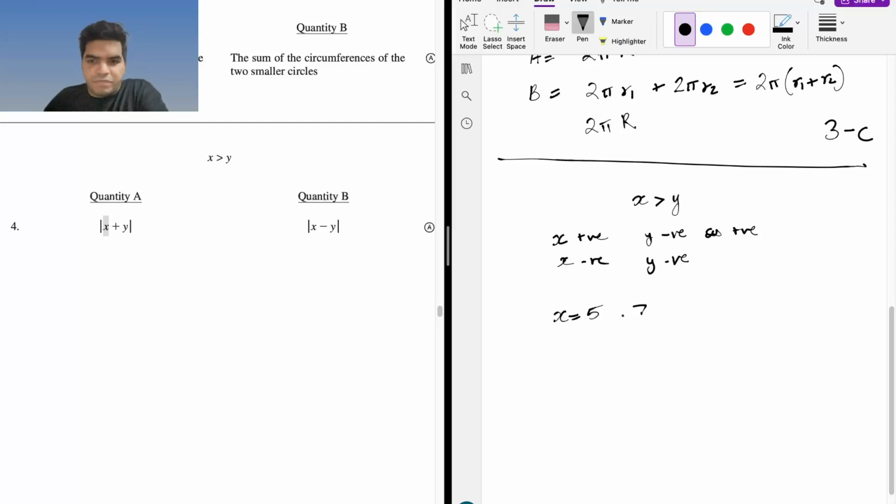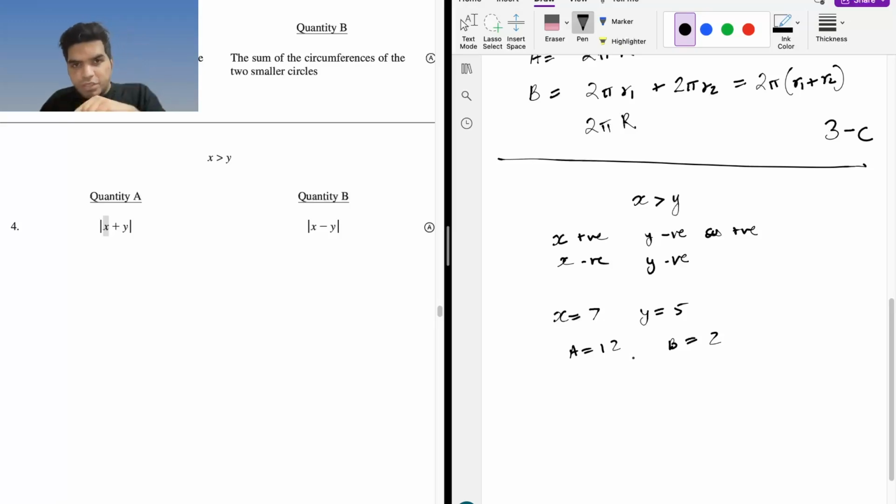For example, 5 and 7 are not extreme values, but we are taking an average case first of all. So X is equal to 5, no, X has to be greater. So this will be 7, Y is equal to 5, for example. So A will be equal to 12, B will be equal to 2. So one case we got where A is greater than B.